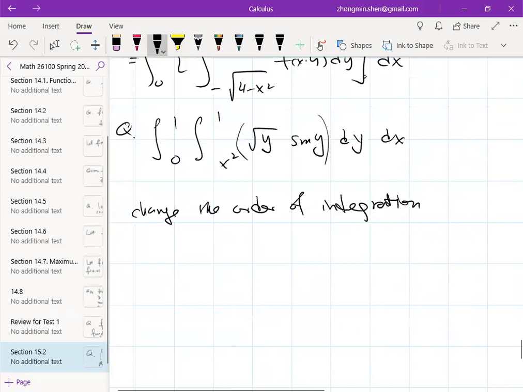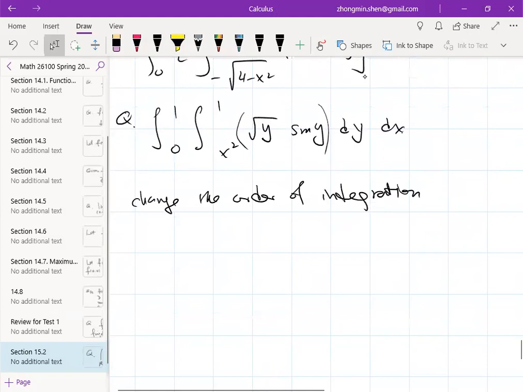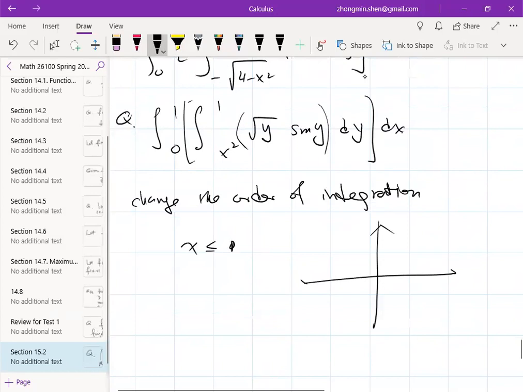Okay, so let's look at this. Based on what we are given, x is from 0 to 1. So clearly x is from 0 to 1, right? First thing. Then for a fixed x, what is the y? The y variable changes from x squared to 1.